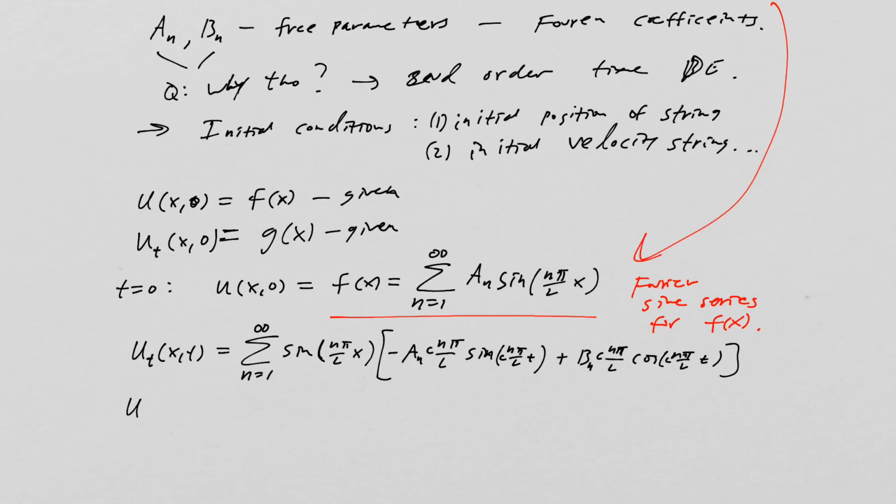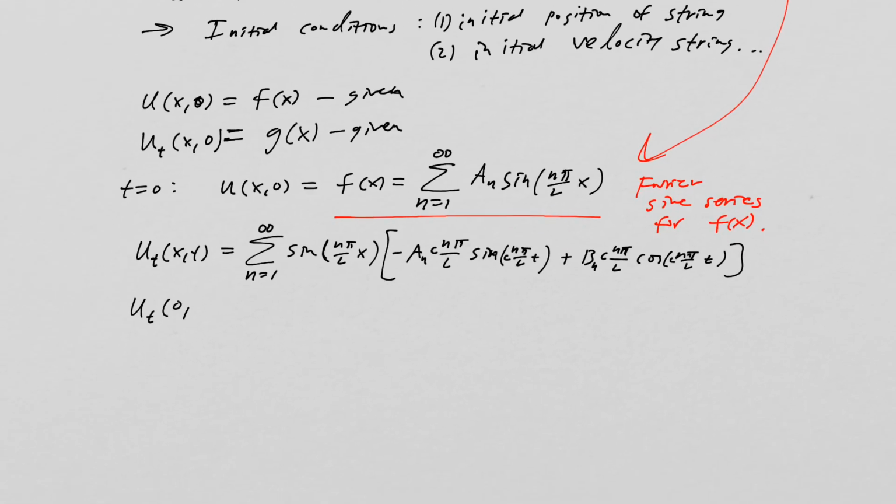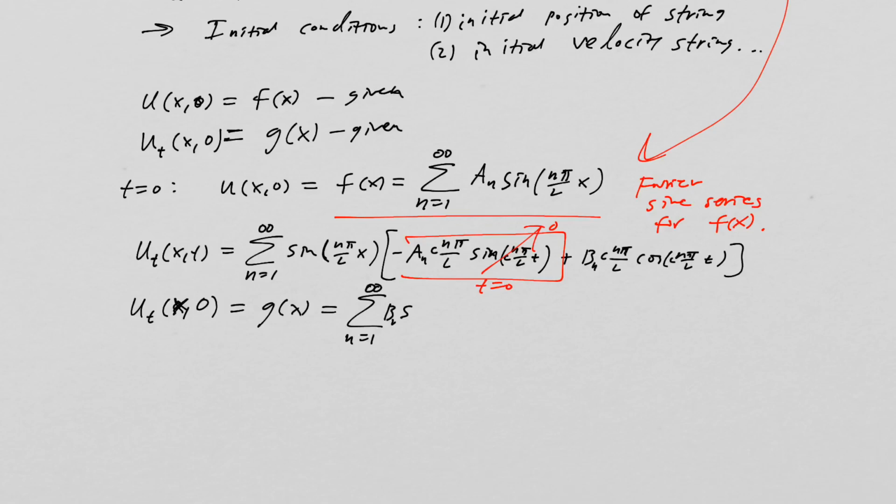Now if I evaluate at t equals 0, this equals g of x, and the sine term goes away. So we end up with bn times c n pi over L times sine n pi over L x.